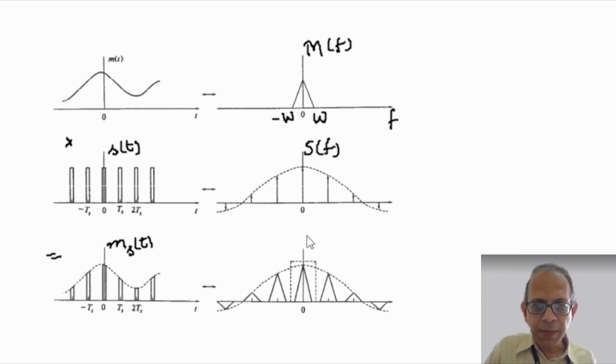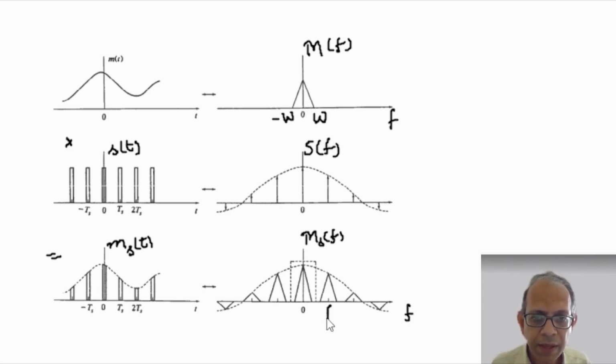The spectrum of the naturally sampled signal Ms(f), which is the convolution of M(f) with S(f), is simply the copies of M(f) replicated at the integer multiples of fs. So fs, 2fs, minus fs, minus 2fs, and so on.